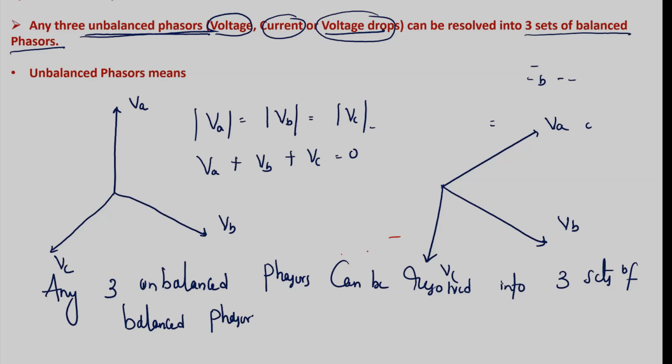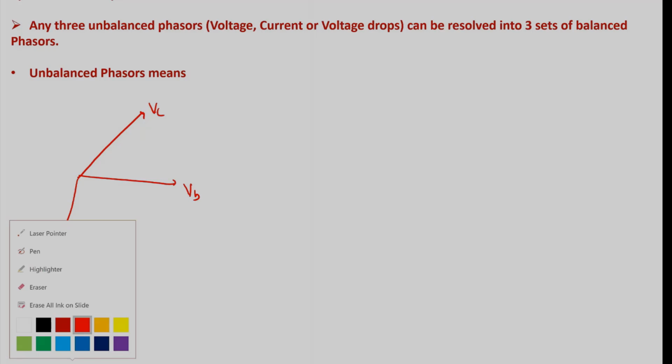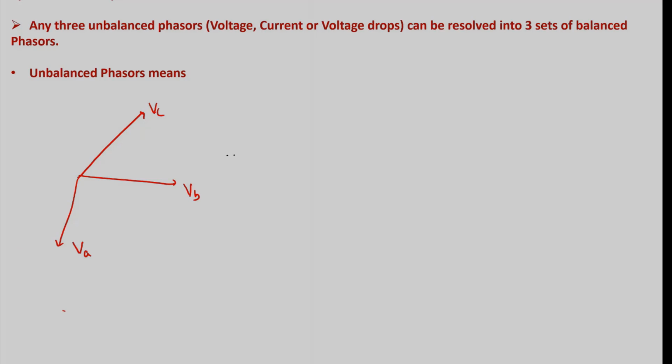Understand? The first set, let us call this an unbalanced set of phasors, VA, VB, and VC. This I can resolve into one balanced set, this is VA1, VB1, VC1.